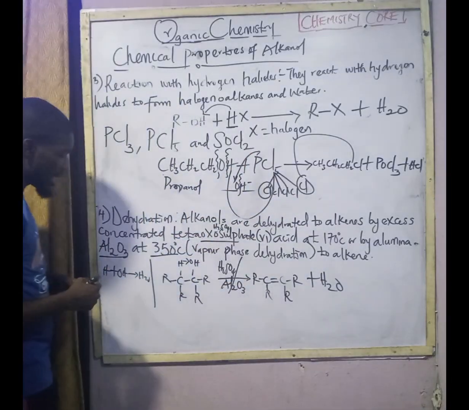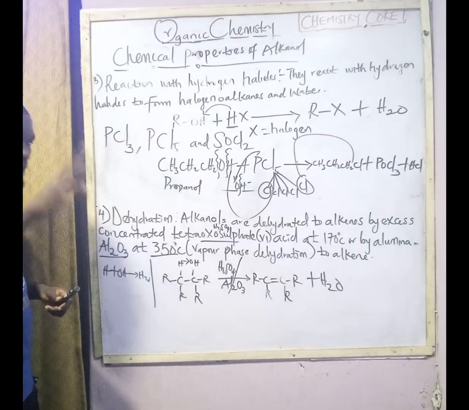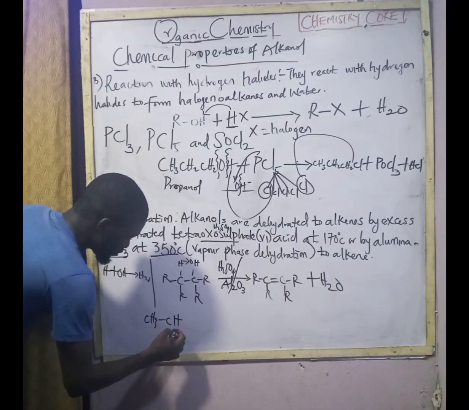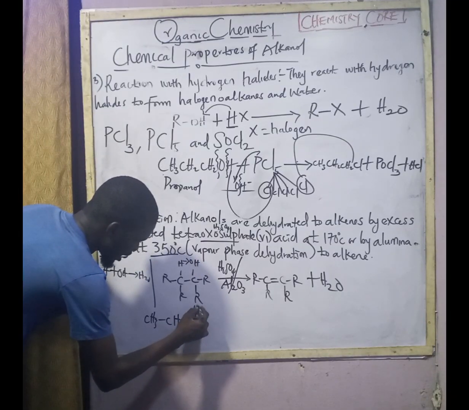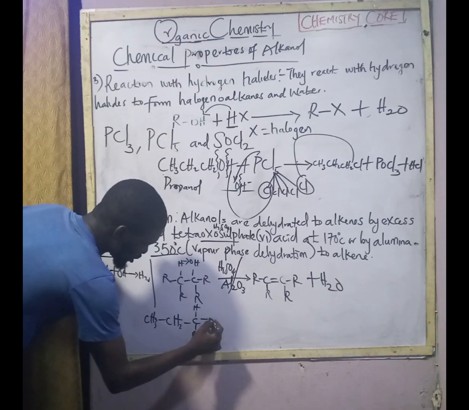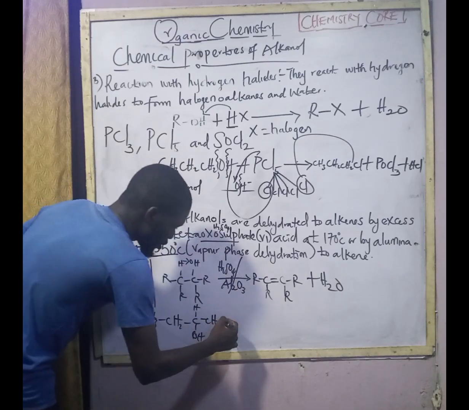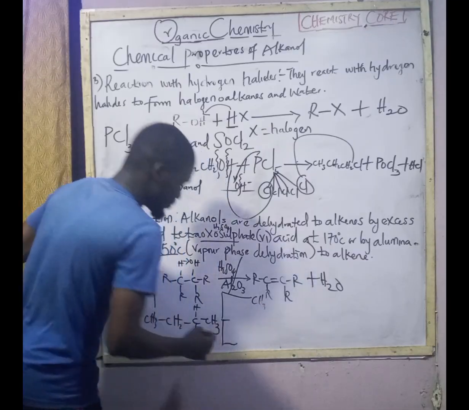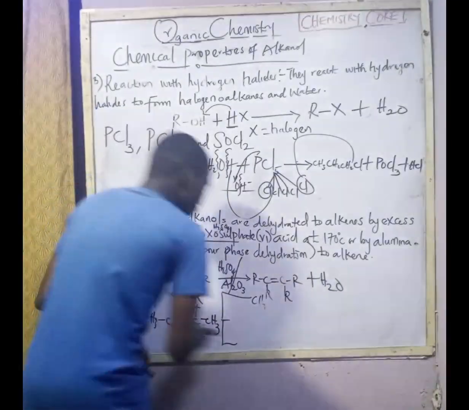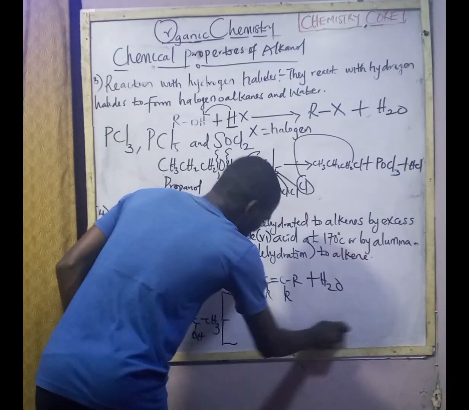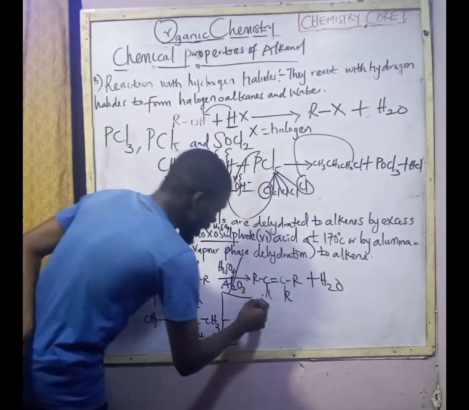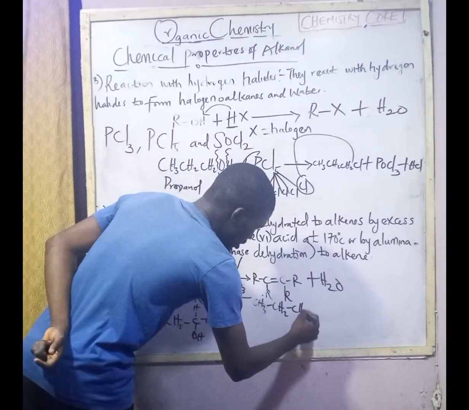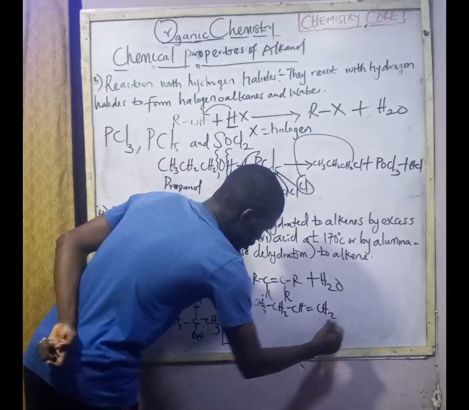So guys, if for example I have butan-2-ol, which is CH3, CH, so I have C, I have H here, OH, and I have CH3. So we're having this arrow. For this, I'm going to have two compounds. So I have CH3, CH2, C double bond, CH2.